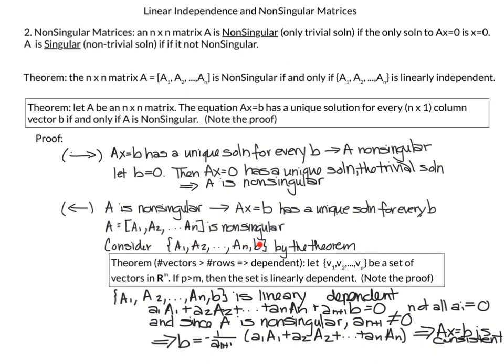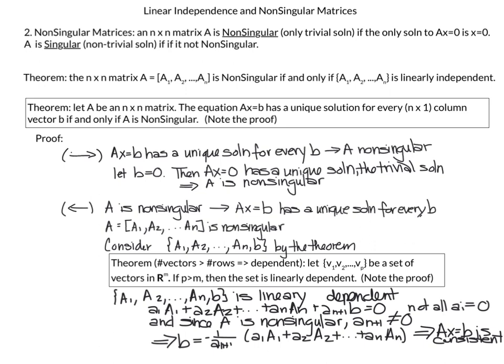Because we have n column vectors of A plus 1 vector b. And that's greater than the number of rows because remember, this is an n by n matrix. If the number of vectors is greater than the number of rows, then we know the set is dependent. So this set of vectors, the column vectors of A along with b, is linearly dependent.